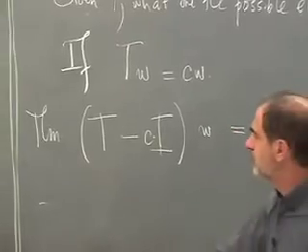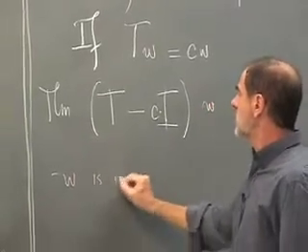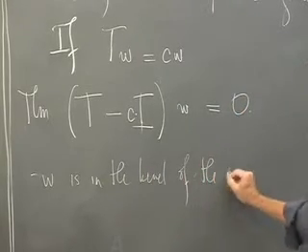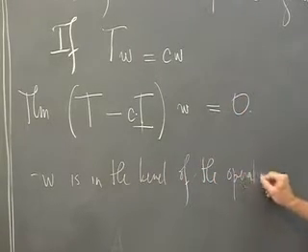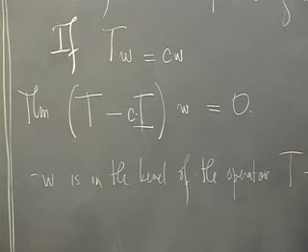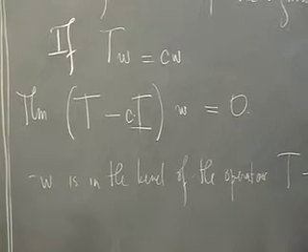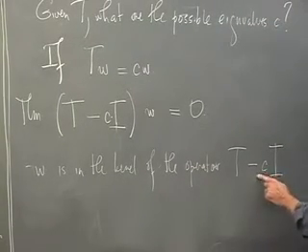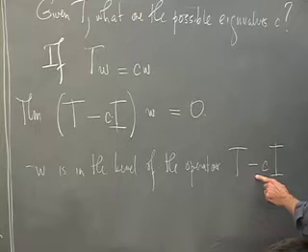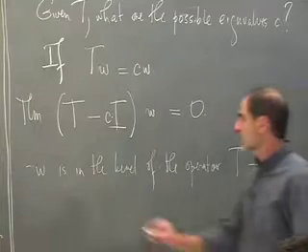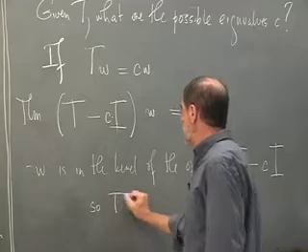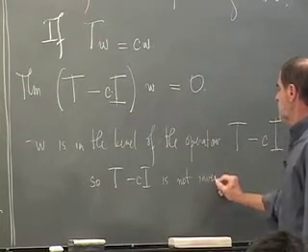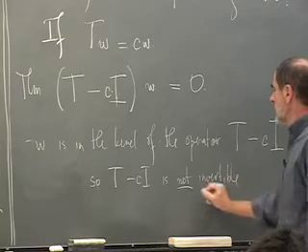In other words, W is in the kernel of the linear operator T minus the eigenvalue times the identity operator. In particular, this operator is not invertible, because it has a kernel.